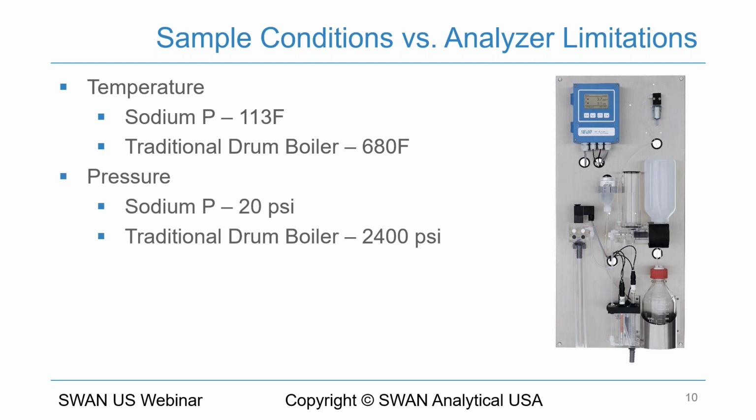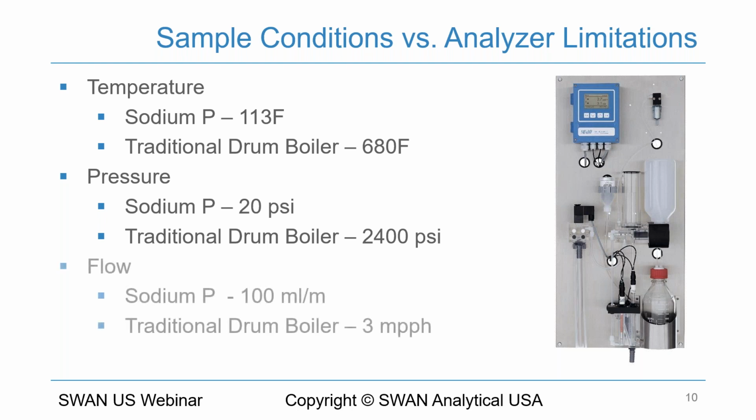If we look at the pressure, again, the same instrument can handle about 20 pounds of inlet pressure, but the actual drum is operating at upwards of 2,400 PSI. Again, it is necessary for us to control the pressure as well as the temperature. And flow rate. The sodium analyzer needs a continuous, maintainable 100 milliliters per minute flow rate. But if we look at the drum boiler and the fluid movement through that, we're actually at 3 million pounds per hour, considerably more than what we would want to put through the sodium analyzer.